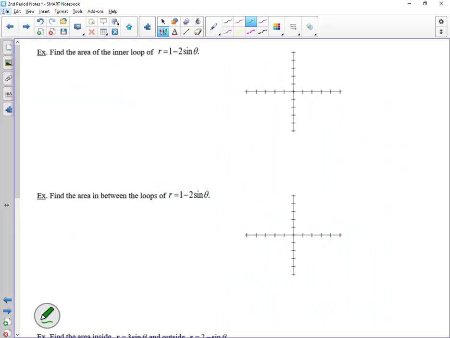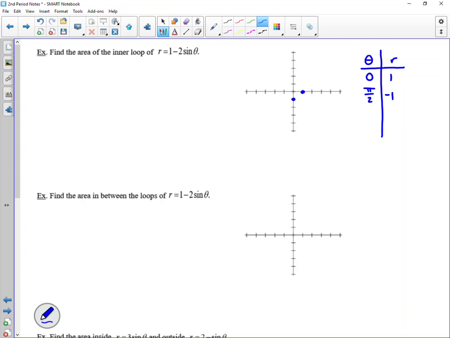Okay. This is a limaçon because it's 1 and it has a plus or a minus. So we have R and theta. Theta is 0, R is 1. At theta equals pi over 2, R is, so we're down here.